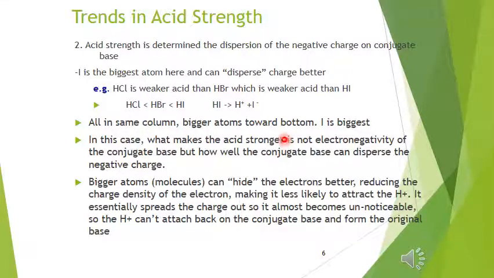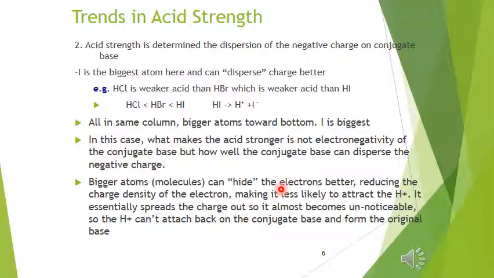Okay, so again, it's about the conjugate base. So the I minus is what makes HI a strong acid. It's not the HI essentially that makes the acid strong. It's what it forms. It's the conjugate base because it hides it. All right. So there's kind of two things here.